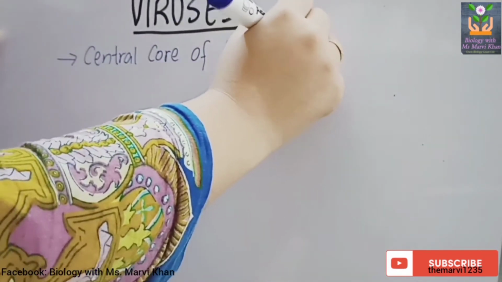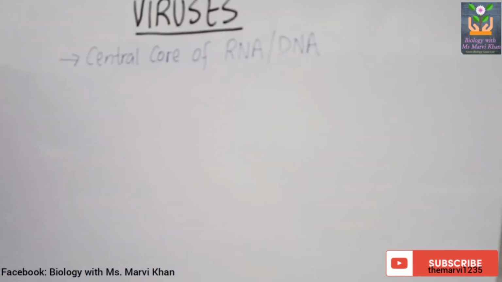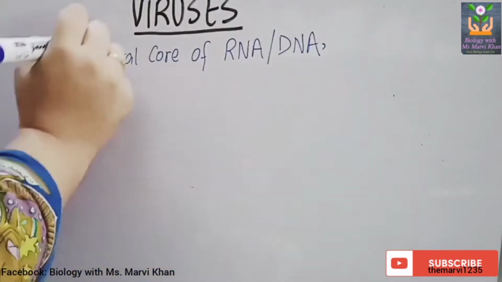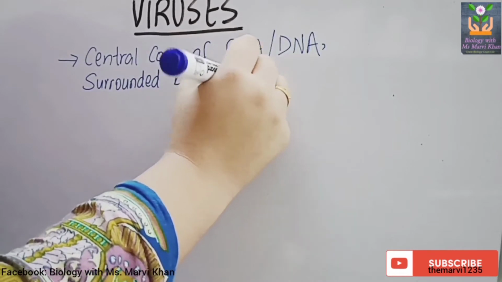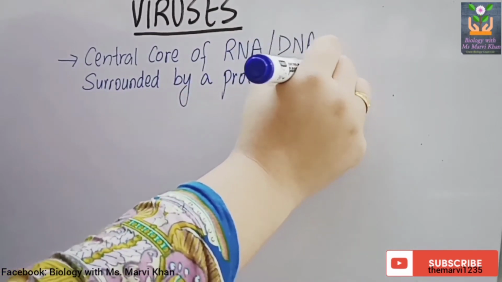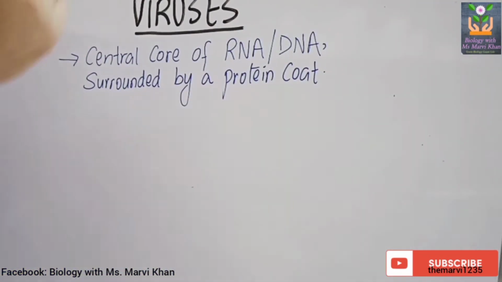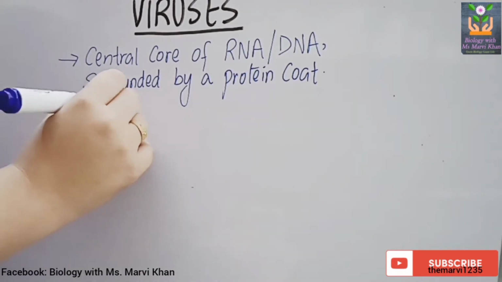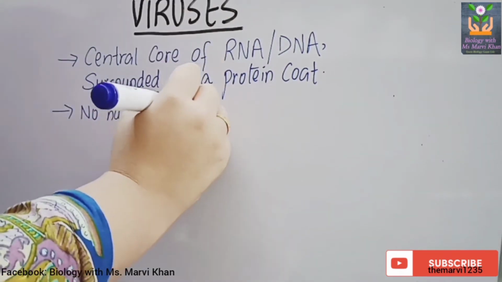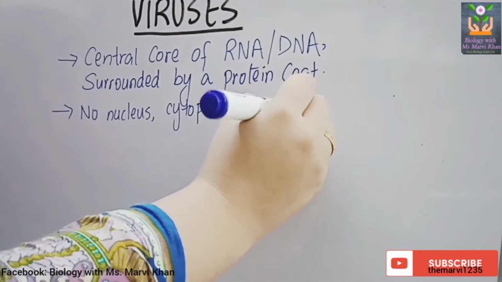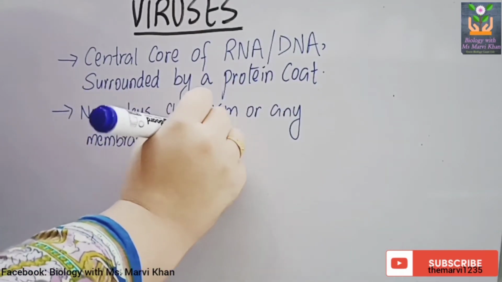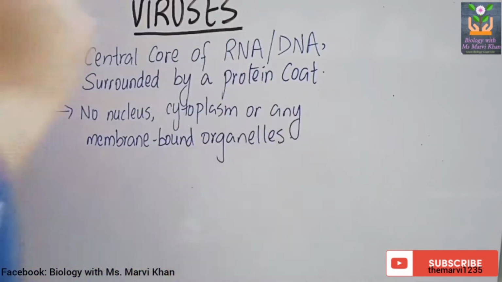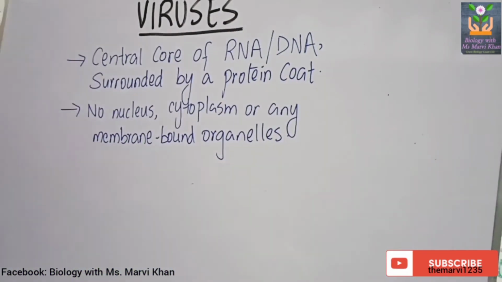All viruses have a central core of RNA or DNA, which is surrounded by a protein coat. This protein coat of a virus is known as the capsid. Viruses do not have a nucleus, cytoplasm, other cell organelles, or even a cell membrane, though some of them have a membrane outside their protein coat.